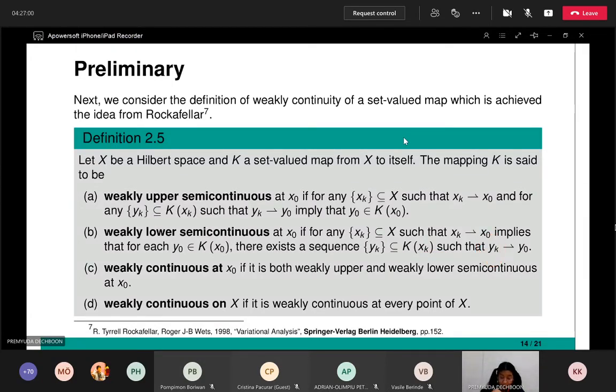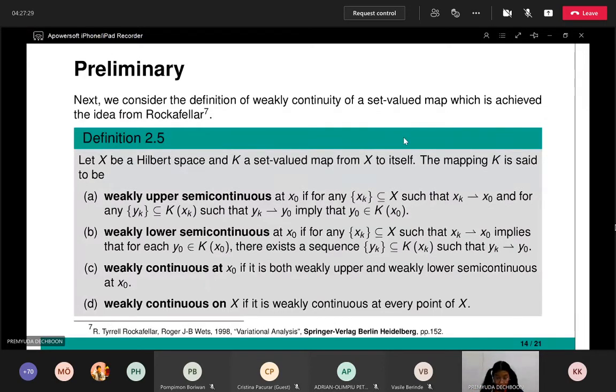And we can say that this set-valued mapping K is weakly continuous at x0 if it is both weakly upper and lower semi-continuous at x0. Moreover, it is weakly continuous on X if it is weakly continuous at x for any x in the set X.